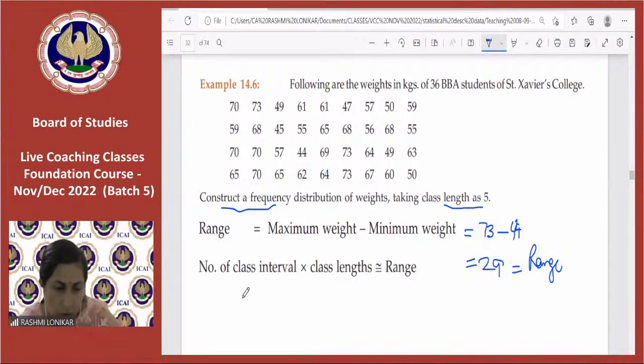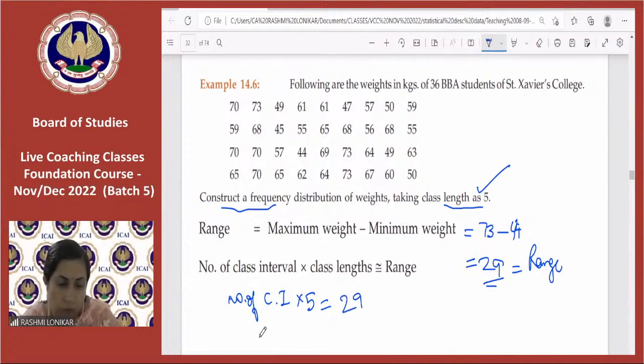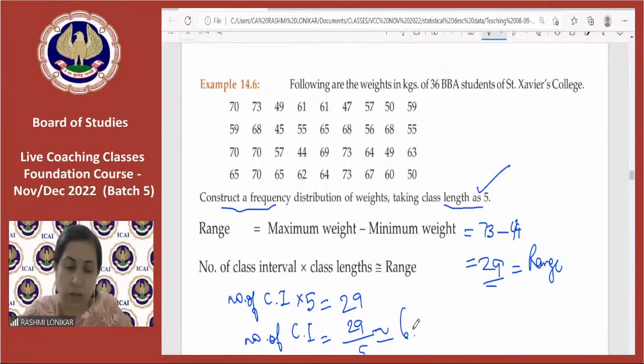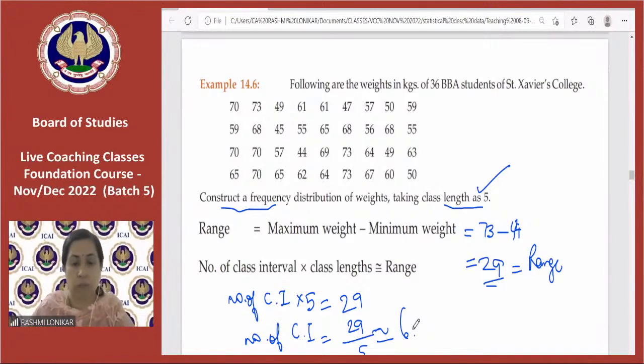So the number of class intervals into class length. They have already given me class length as 5, so number of class intervals into 5 is equal to range. Range I found out is 29. So the number of class intervals will be 29 upon 5, which is nearly equal to 6, because 29 upon 5 is 5.8.